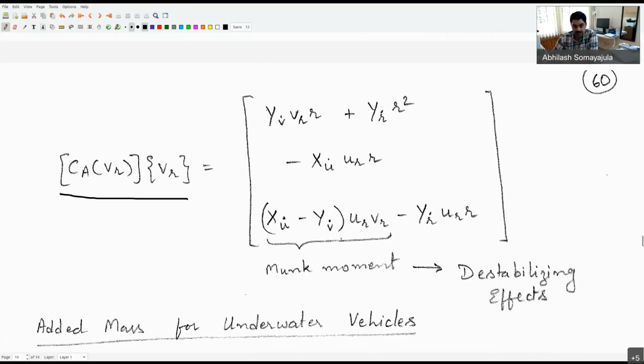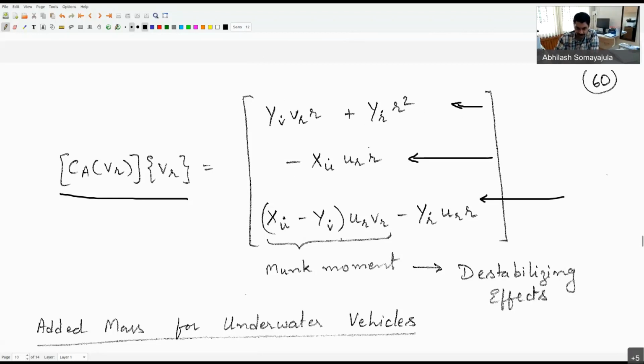This turns out to be YV dot times v times r plus YR dot times r squared. That is the force in the surge direction, minus XU dot times u times r. That is the force in the sway direction, and this is the expression for the moment in the yaw direction.